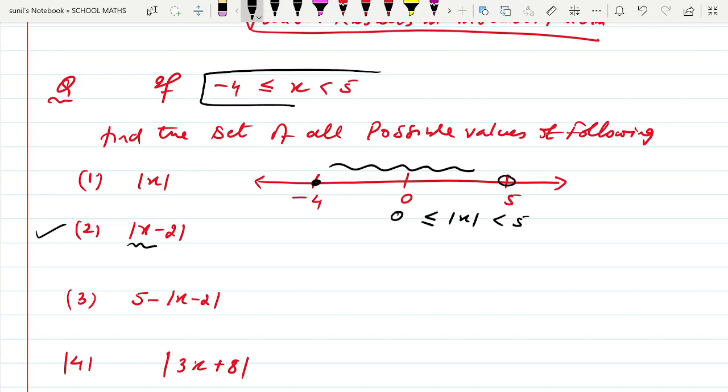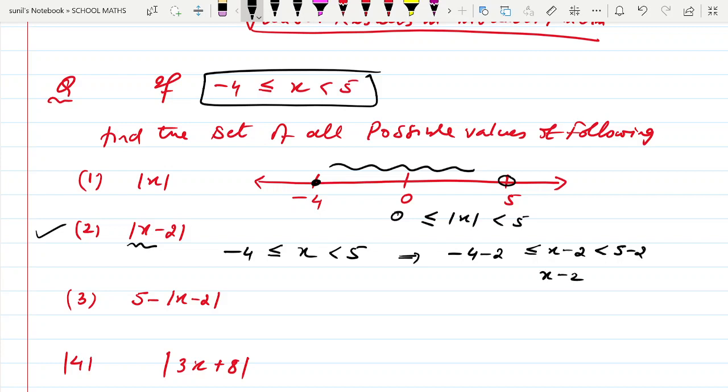In this inequality we have x greater than or equal to -4 and less than 5. Now subtracting 2 from both sides, what I will have is x minus 2 greater than or equal to -6 and less than 3.